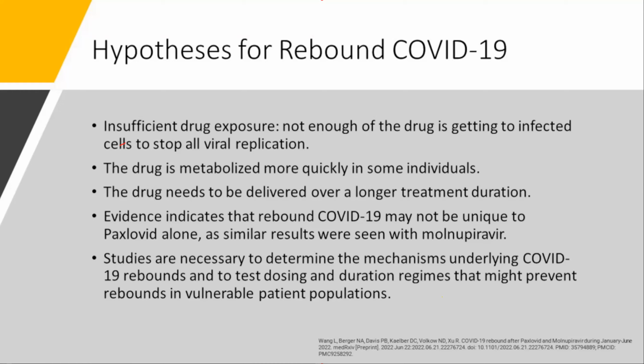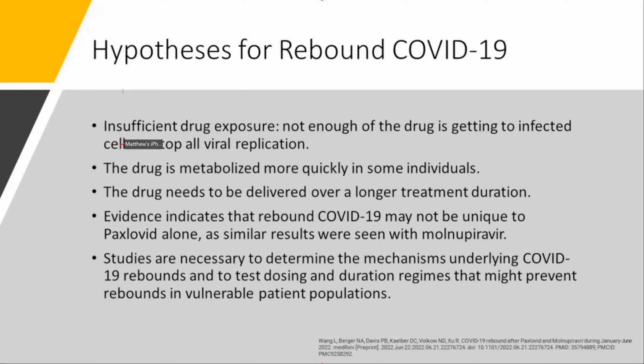Others have proposed that the drug is metabolized more quickly in some individuals. So this could be a sort of pharmacogenomic issue with CYP3A, perhaps, with maybe ultra rapid metabolizers or something along those lines. Others have proposed that the drug needs to be delivered over a longer treatment duration. When it was tested, we did test it under 5 days of treatment.